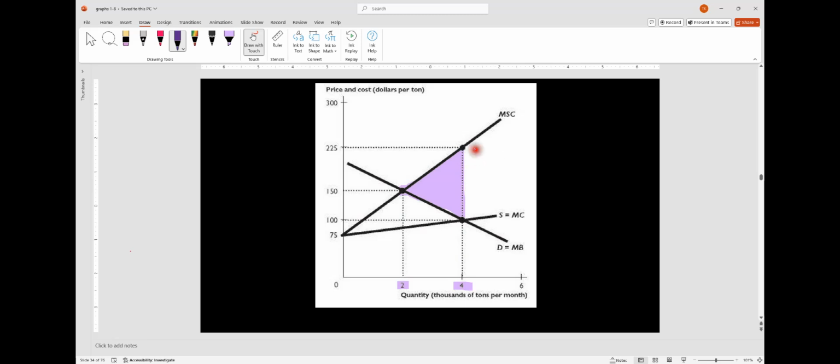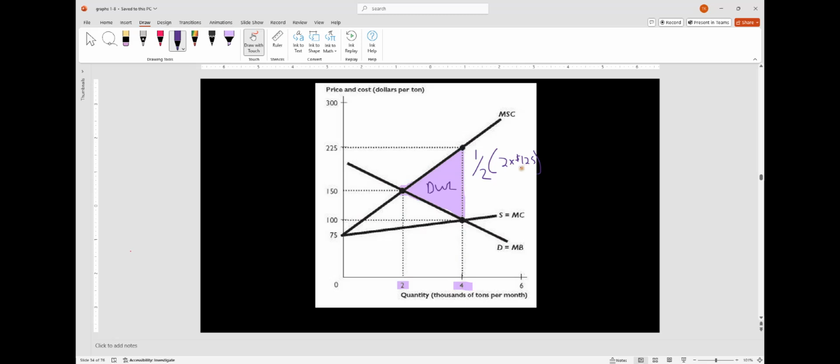So we're just going to calculate the area of this triangle right here. This is the deadweight loss due to the negative externality, and it's 1/2 the difference here, which is 2 units, times the difference here, which I said earlier is $125. So multiplied by 2, I think I can do this in my head.